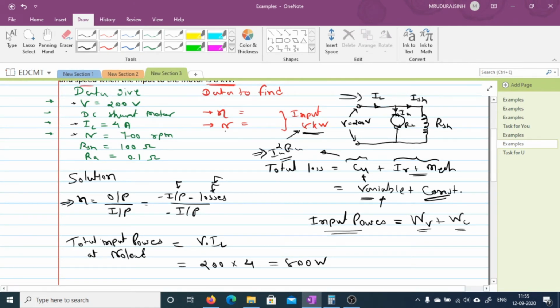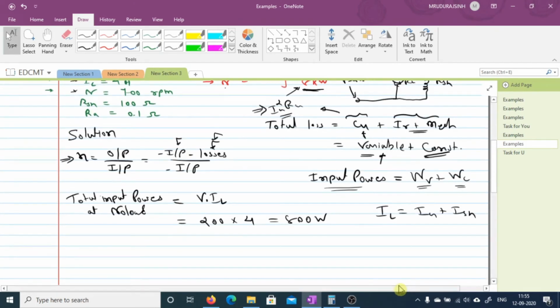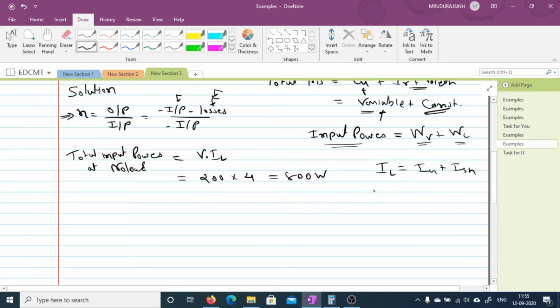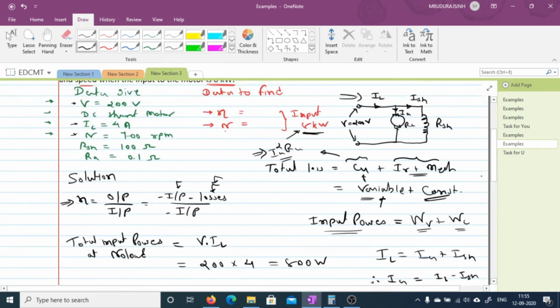See this current. From this current we can write load current IL is equal to IA plus ISH. So from this we can write IA is equal to IL minus ISH. IL we know, but ISH is basically V divided by RSH, voltage across these 2 points divided by this resistance.